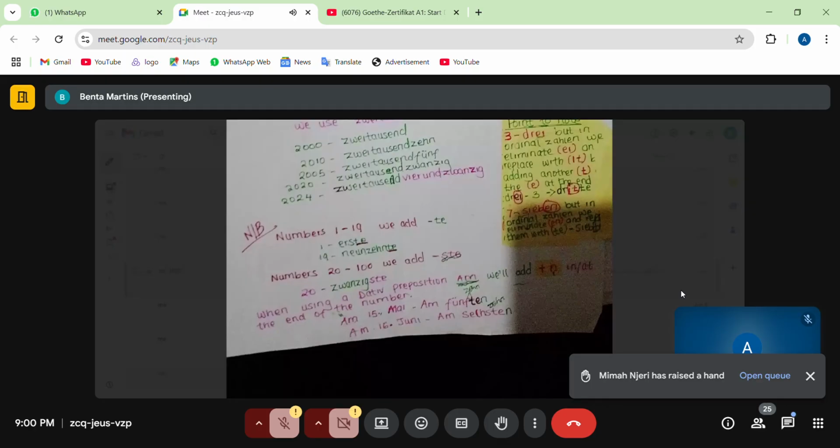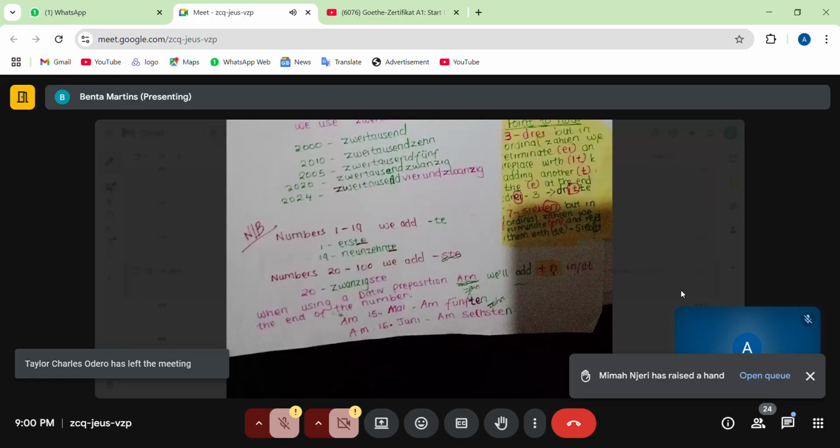From 1 to 19, we only add TE. From 20 onwards to other numbers, you add STE.